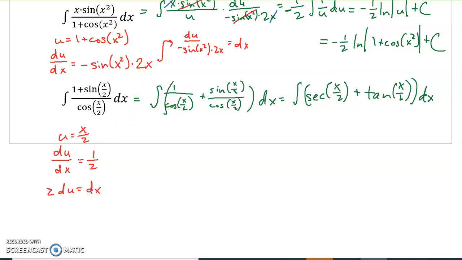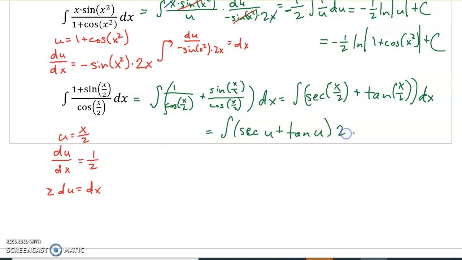So again, if you can do this sort of u-substitution with a constant in your head, I'm fine with that, but I'm just going to show the steps. The integral of the secant of u plus the tangent of u, and then dx is 2 du, so factor out the 2.